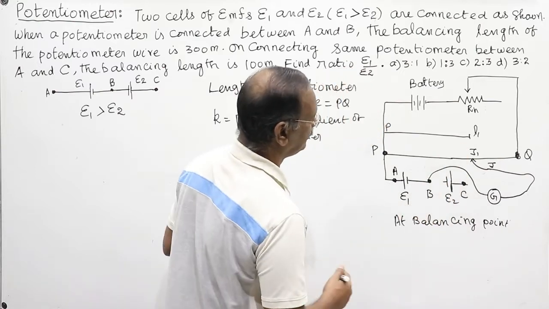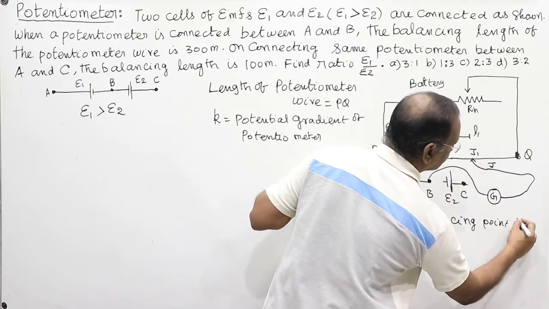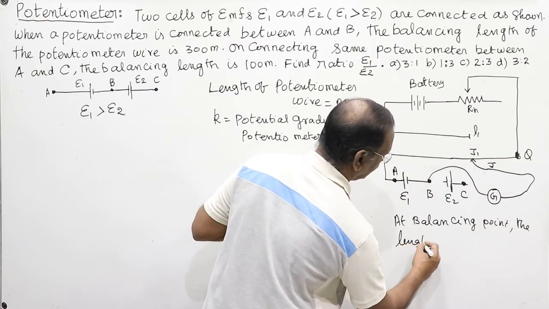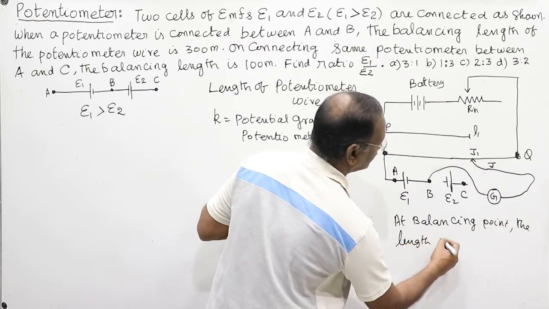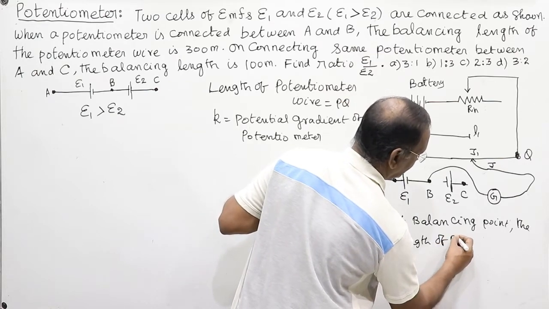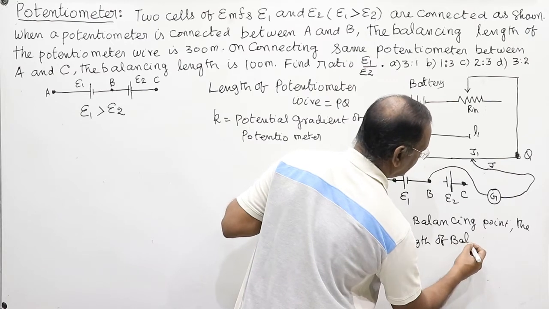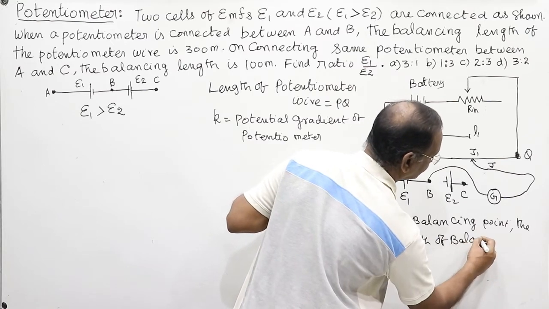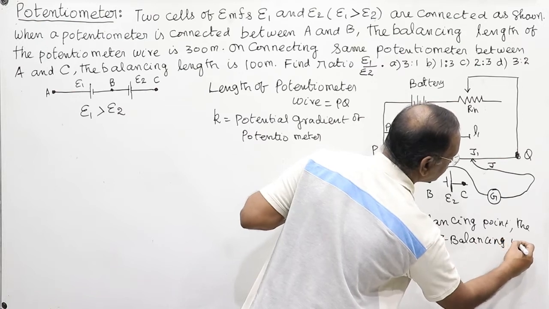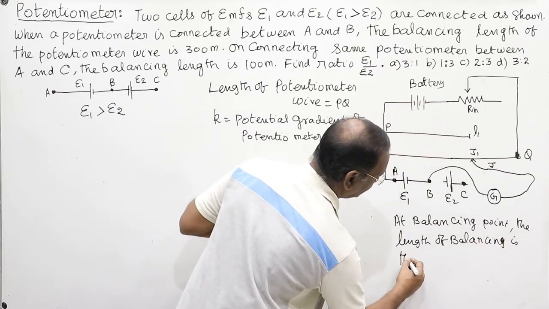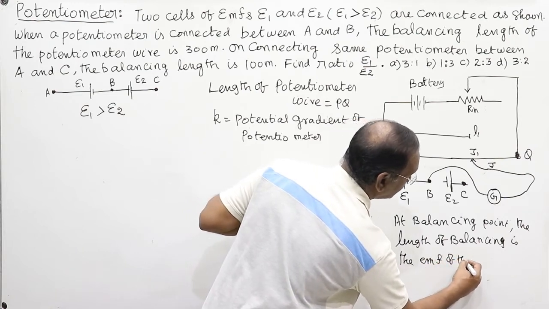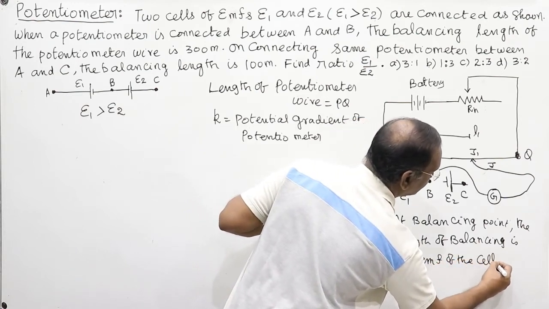At the balancing point, the length of the balancing length is the EMF of the cell. The EMF of the cell, this we have to remember always.